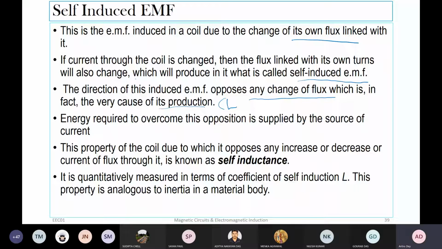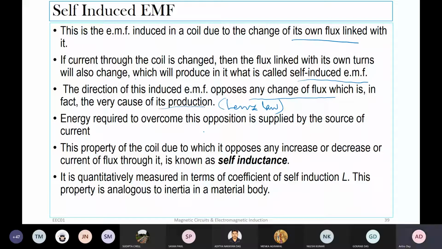Energy required to overcome this opposition is supplied by the source of the current. Definitely, because otherwise there won't be any flux if it is completely opposed. So what is trying to oppose will be overcome by drawing the energy from the source of the current, that means the battery.